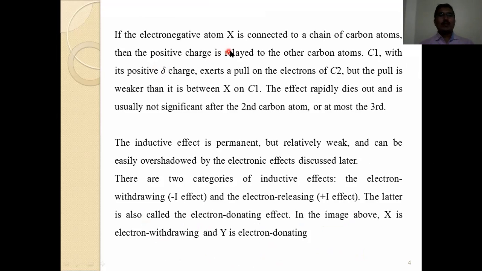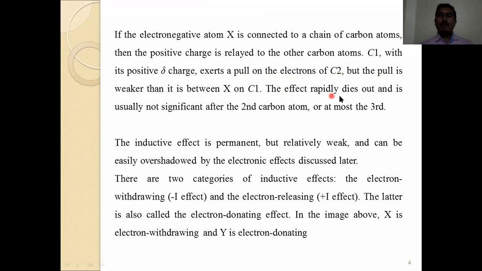If the electronegative atom X is connected to a chain of carbon atoms, then the positive charge is relayed to the other carbon atoms. Chlorine, with its delta negative charge, exerts a pull on the electrons of C2, but the pull is weaker than it is on C1.